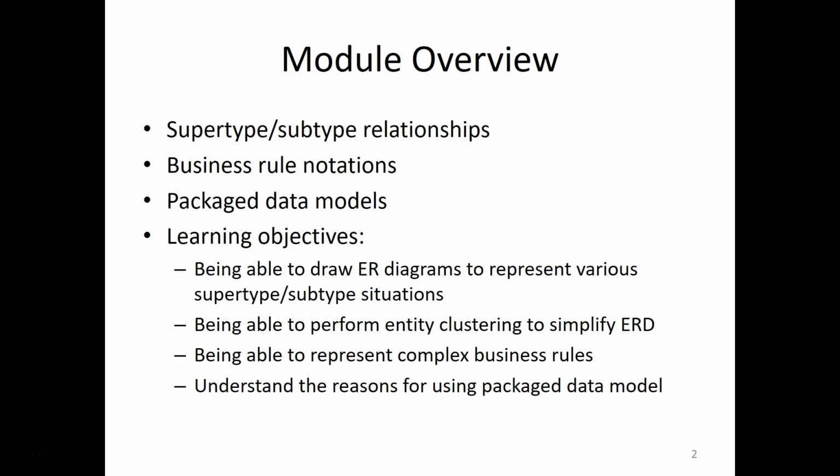For example, there are the subcategories of business customers and individual customers, or internal customers and external customers. For students, there are subcategories of graduate students and undergraduate students. For employees, there are subcategories of salaried employees, hourly employees, and contractors.